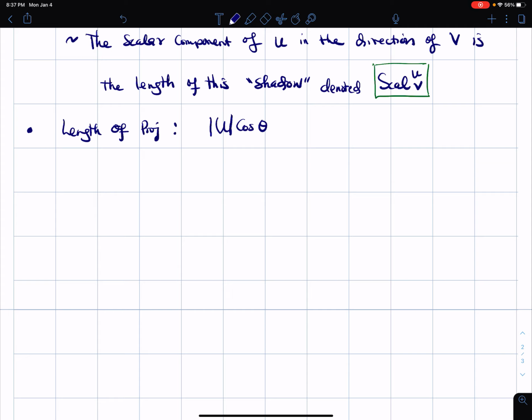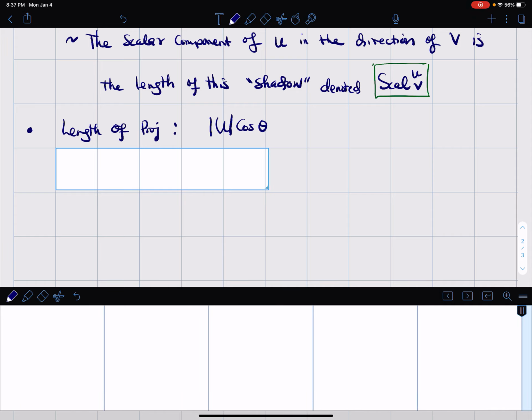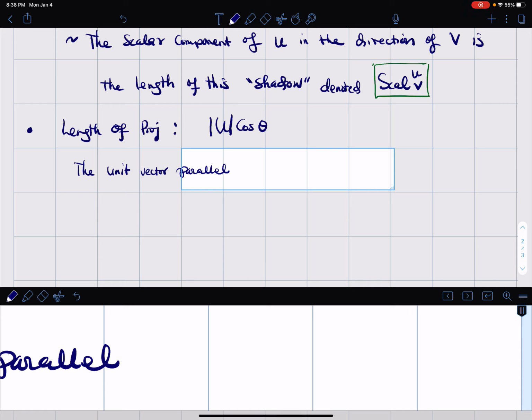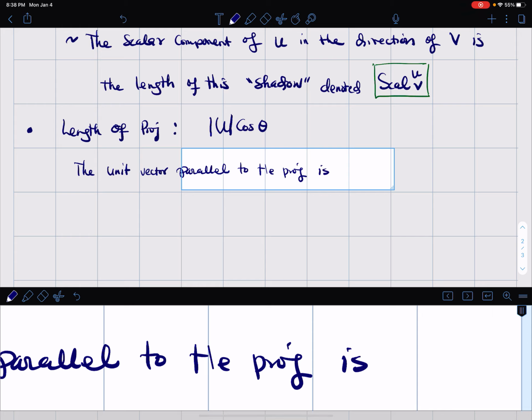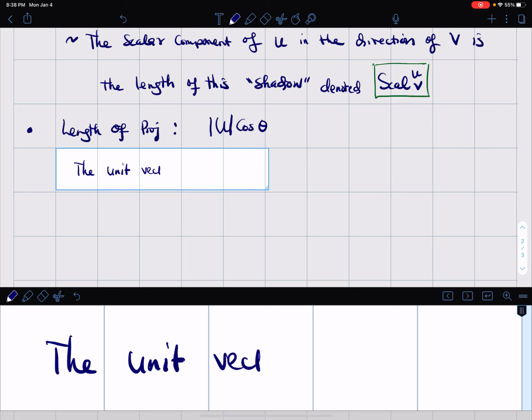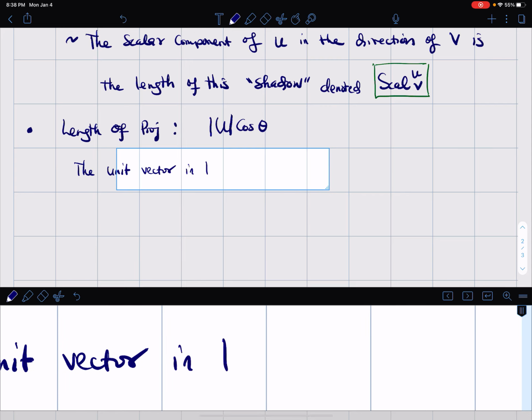Now let's look at the unit vector in the direction of v.